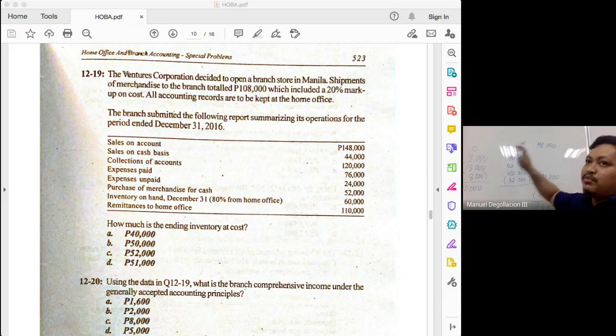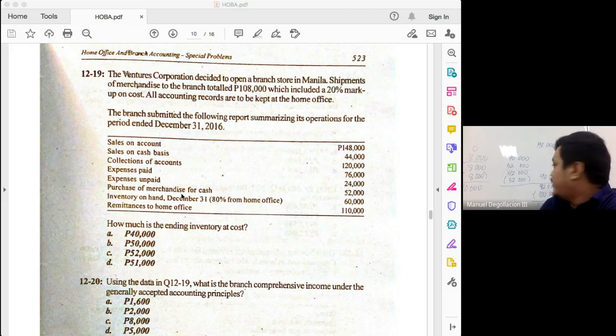So if your sales is 192,000 and then your cost of goods sold is 90,000, that means your gross profit will be 102,000. Okay, and then expenses will remain at 100,000. So the branch really does not have a loss of 8,000, but it actually has a profit of 2,000, which we have already solved earlier.